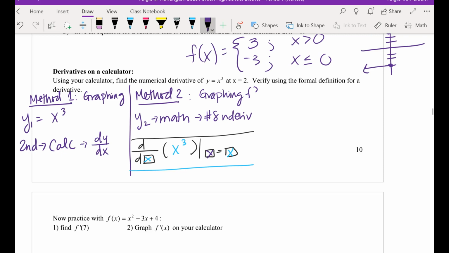Does anybody have both right now? It's going to take a while, because calculating derivatives is pretty difficult.